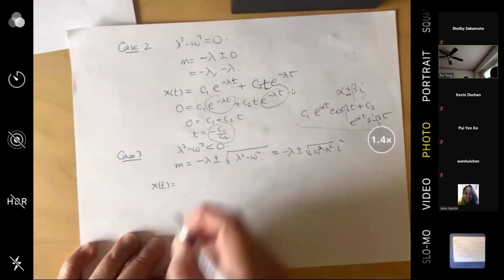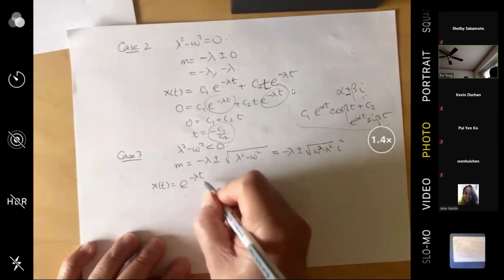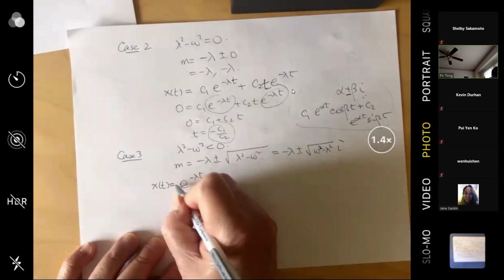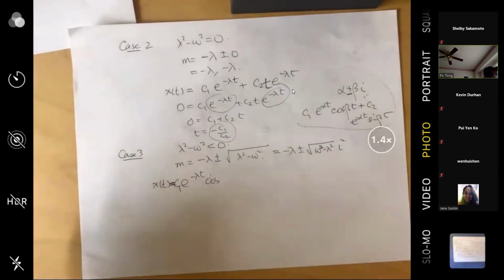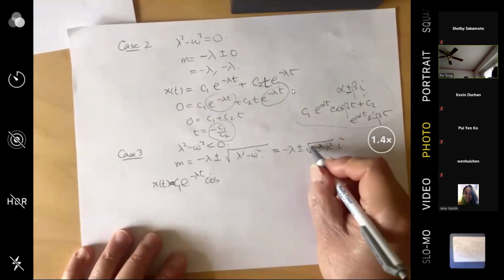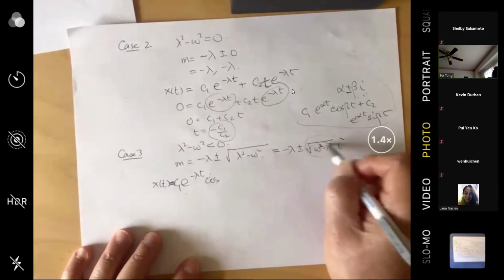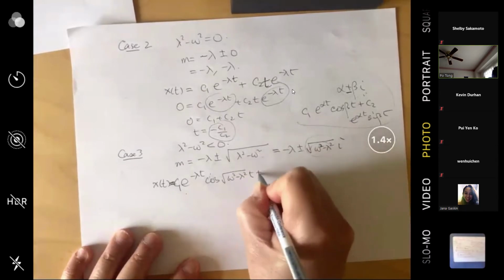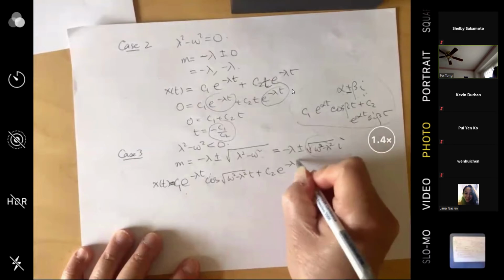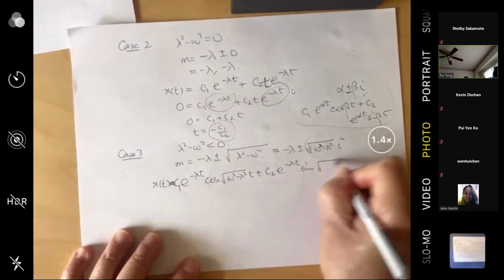Okay? e to the power minus lambda t. This is C1 here. Cosine this guy, plus C2 e to the power minus lambda t sine this guy.